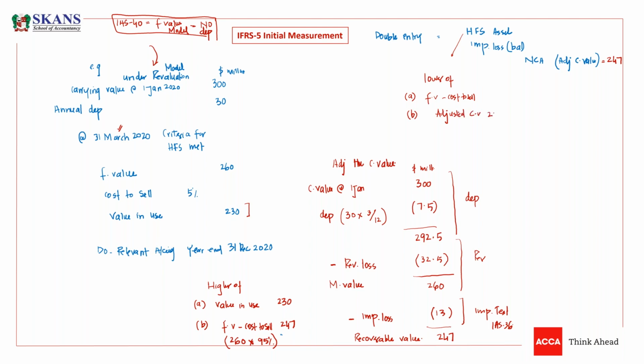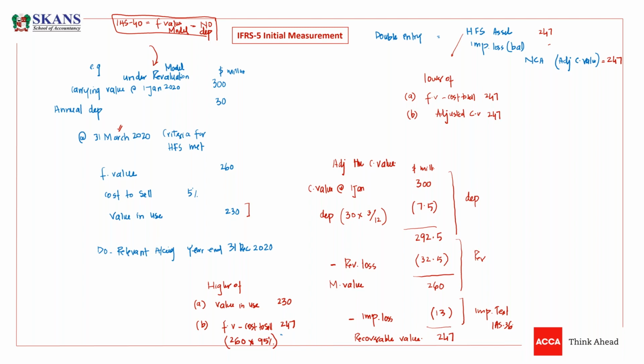We have adjusted carrying value 247 and fair value less cost to sell is 247. So both values are the same, then you can pick any value. So this is 247, no impairment loss. So this is how you are going to initially classify assets held for sale. Is that okay, guys?